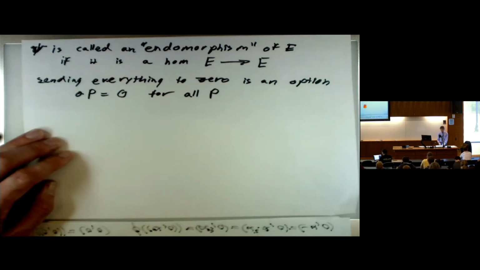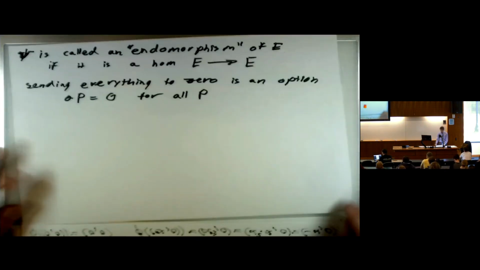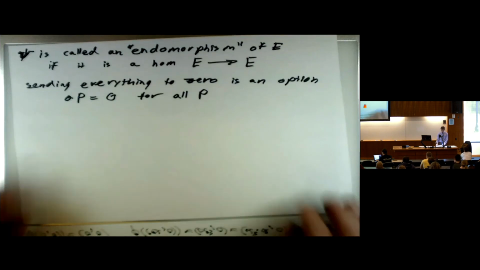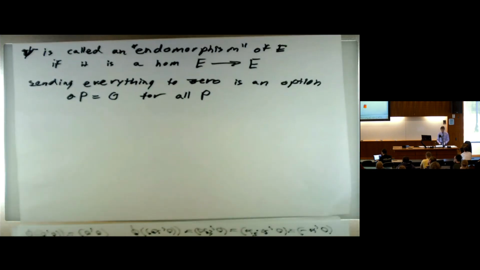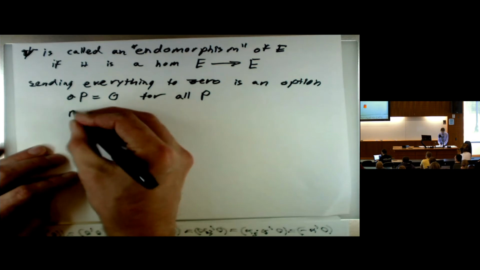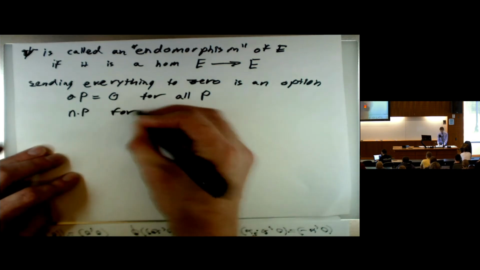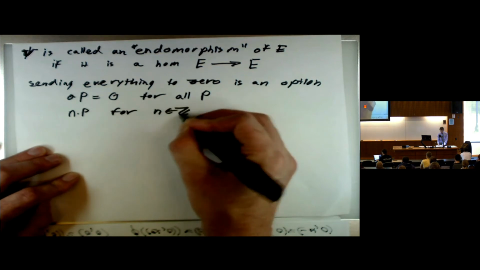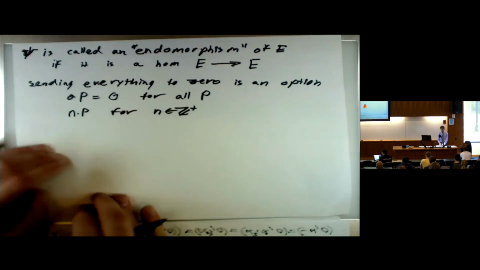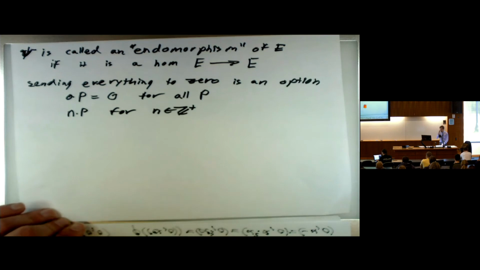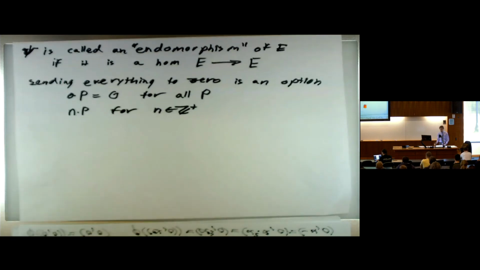Okay, that's one option. We have n dot P for n in Z, for positive integers. If we take n equals 1, we're just saying we have the identity. We're sending everything to itself.